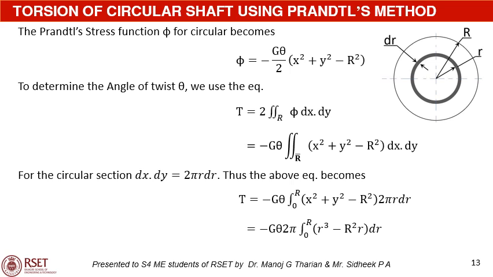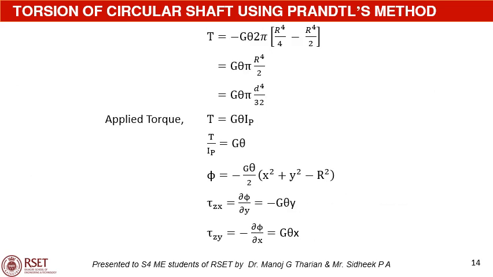Thus, the applied torque T is equal to minus G theta integral 0 to capital R (r square minus capital R square) into 2 pi r dr, which is equal to minus G theta into 2 pi into integral 0 to capital R (r cube minus capital R square r) dr. Integrating the above expression and applying the limits, we get the applied torque T is equal to minus G theta into 2 pi into (R raised to 4 by 4 minus R raised to 4 by 2).